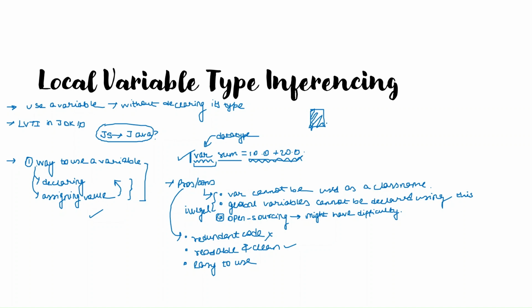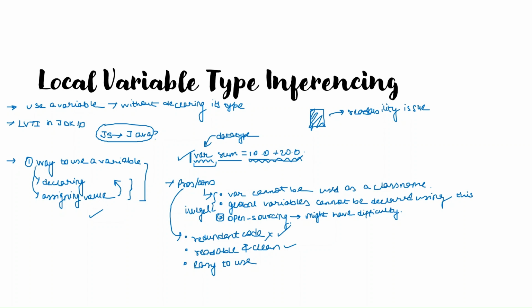It is done by the Java compiler, it is visible in the class file, but it's not visible while the source code is being written. This problem might pose a readability issue for other programmers. But if you're not open sourcing, and you're using it to avoid redundant code, you can definitely use it.